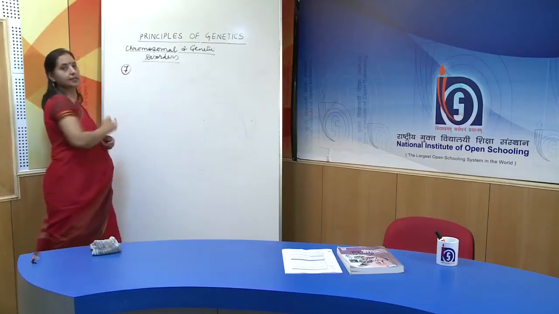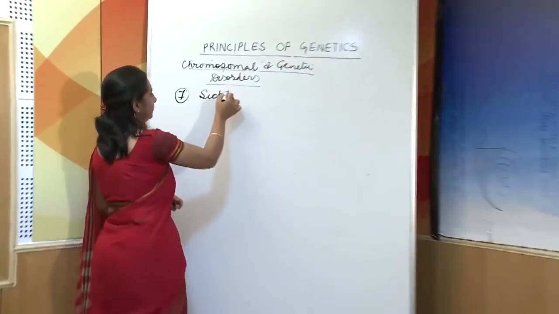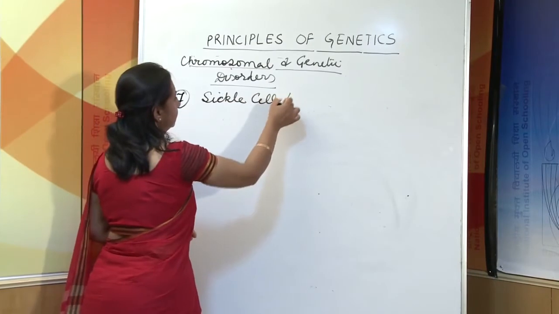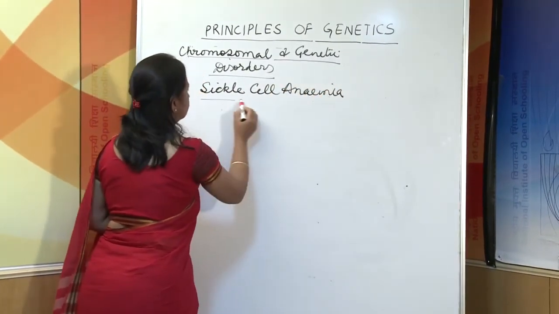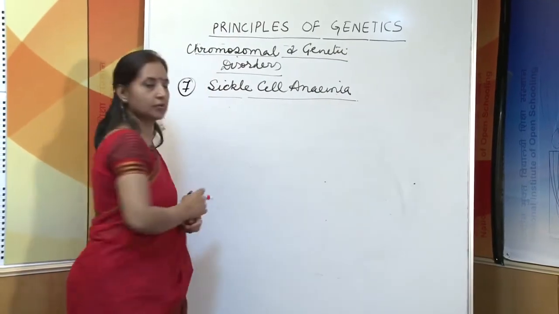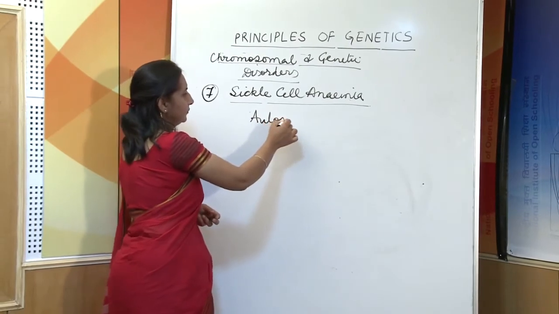Next disorder is sickle cell anemia. This is also an autosomal disorder caused by a recessive gene.